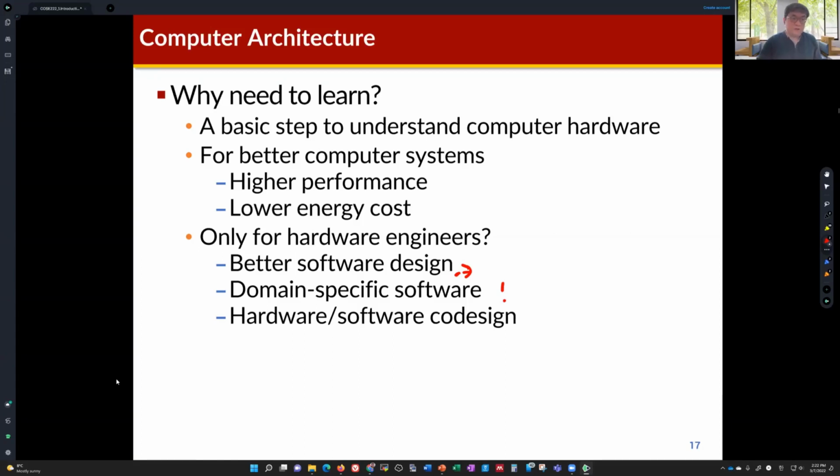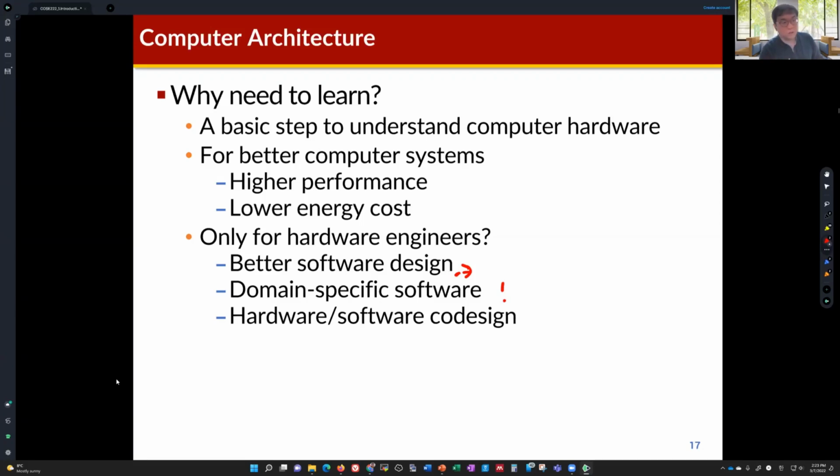But recently, as you know, machine learning or AI applications need performance very critically, and these applications usually run on GPUs.